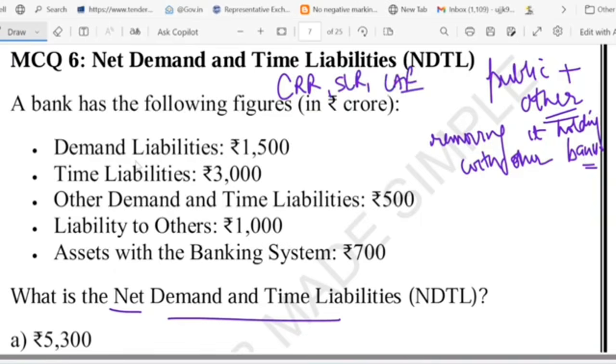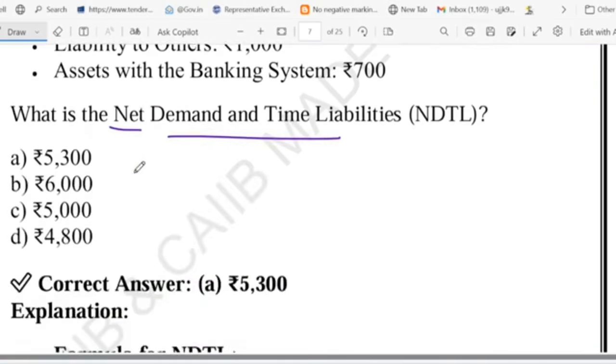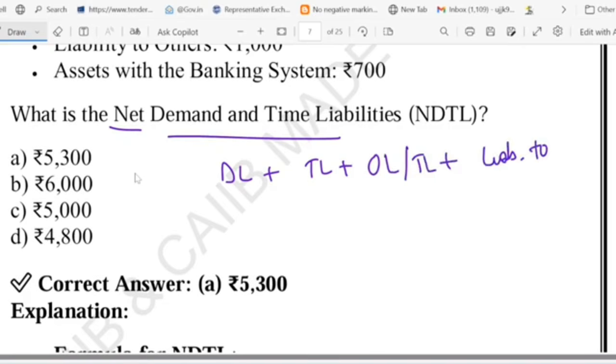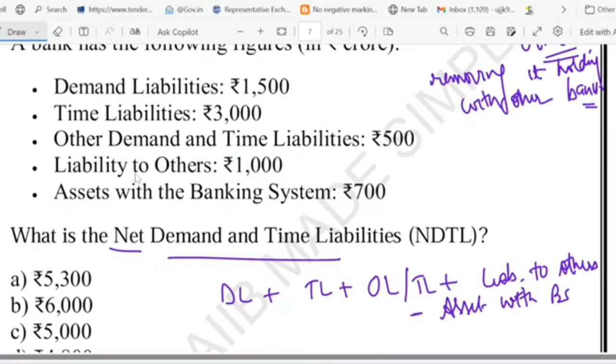So let's understand it step by step. What is the formula for NDTL? NDTL is demand liability plus time liability plus other demand and time liability plus liability to others, minus asset with the banking system. This is the formula for NDTL.